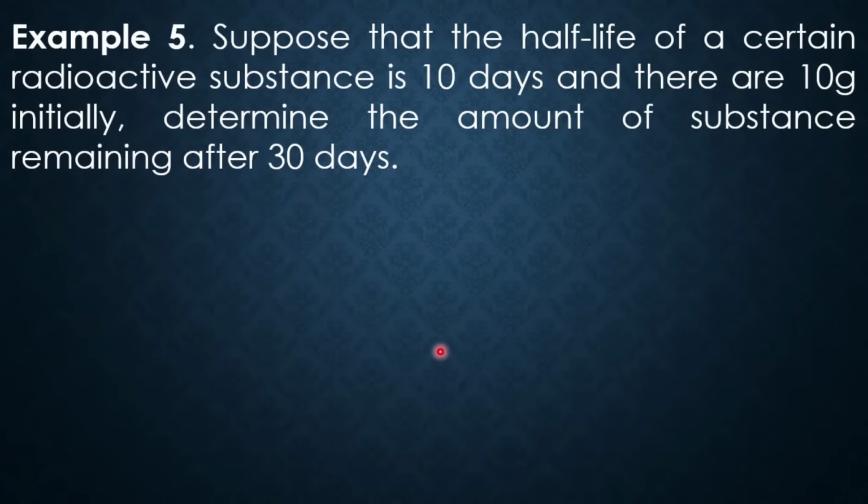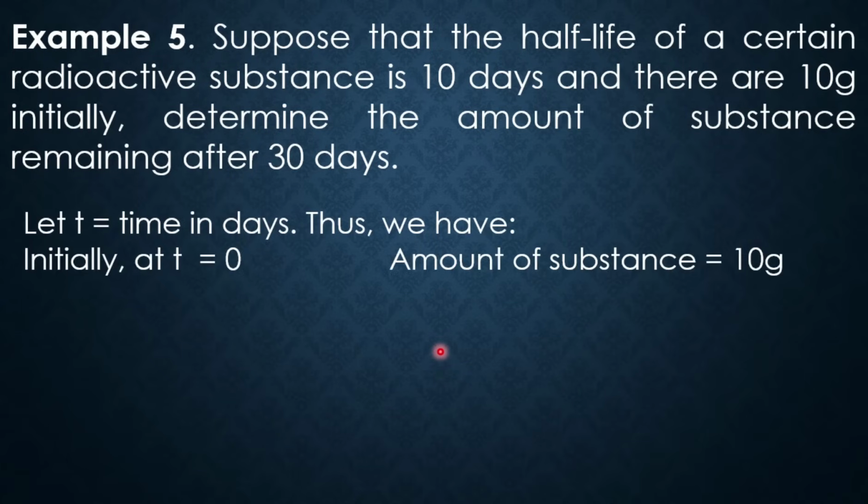Okay, for example, suppose that the half-life of a certain radioactive substance is 10 days and there are 10 grams initially. Determine the amount of substance remaining after 30 days. So let's have first a representation in a certain time, no? At the start, the amount of substance is 10 grams.